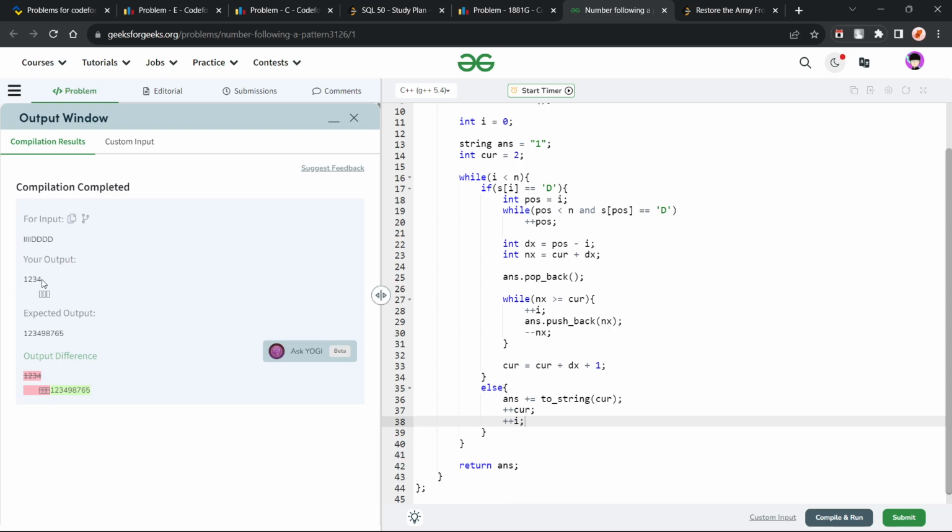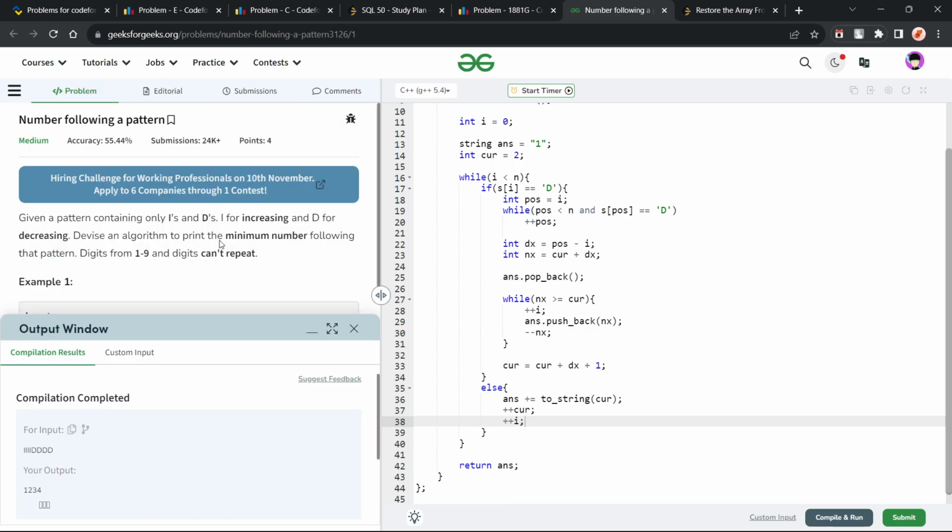Okay, so we have some strange characters with us. So this part is working fine. That means we started encountering a problem as soon as we had D, right? So 1, 2, 3, 4 worked fine. We have how many I's?